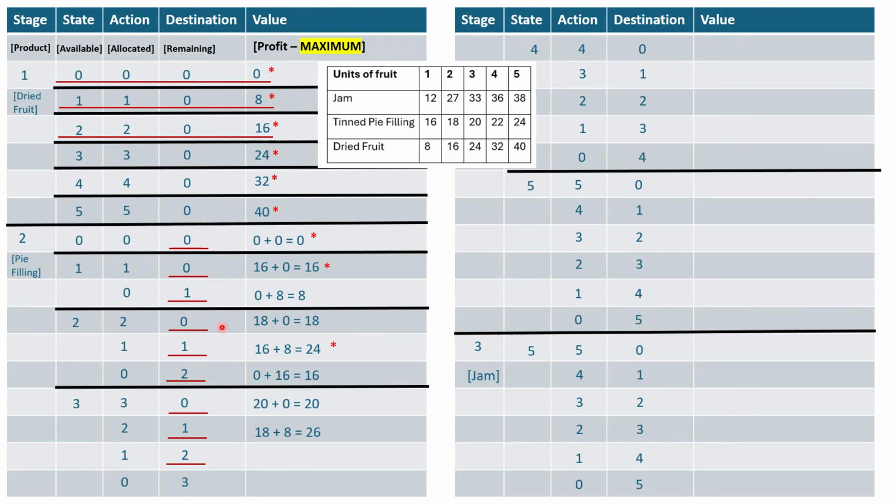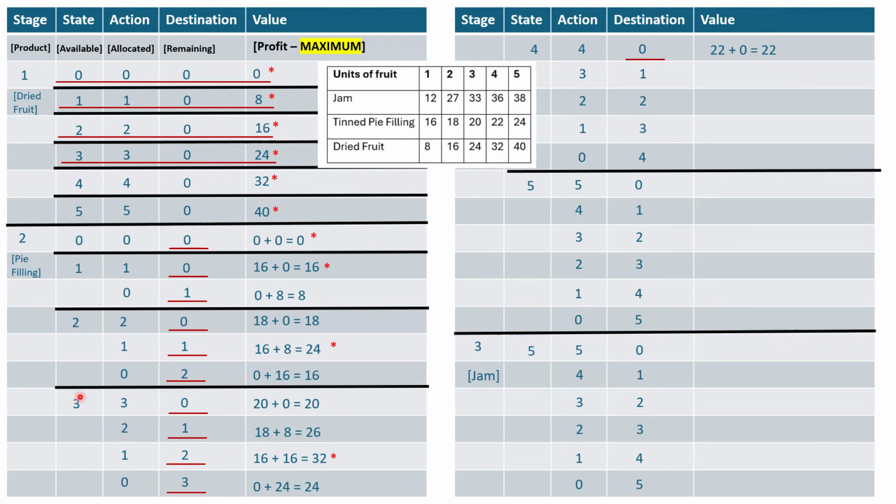Then we think about if there was 4 units to allocate. So if we allocate all 4 units, that's going to be 22. So we get 0 left over, which is adding our 0. 22 plus 0 is 22. If it were 3, we get 20 plus 1 left over is 8. So that gives us 28. If we have 2 allocated with 2 left over, that's 18 plus the 16 from before, which gives us 34.